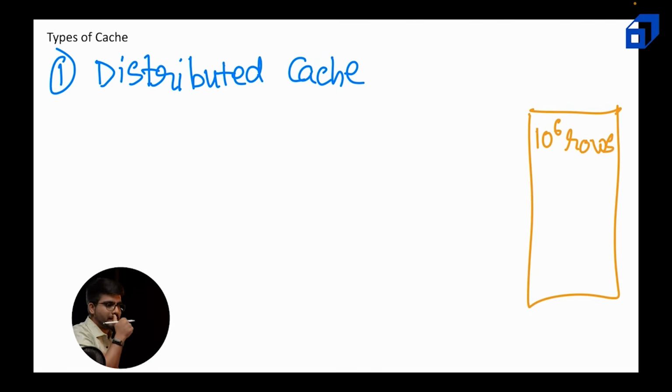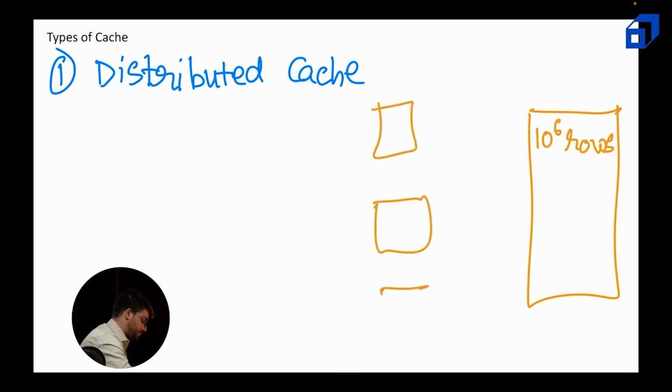So what we'll do is, let's say we break this entire cache into 10 different nodes, and each of these nodes is going to be known as a cache itself. So instead of 10, just for the sake of the space which is present over here, let's say there are just 3 nodes. Now all of these million rows of cache are going to be distributed across the 3 cache systems, the 3 caching servers. Let's call them cache servers.